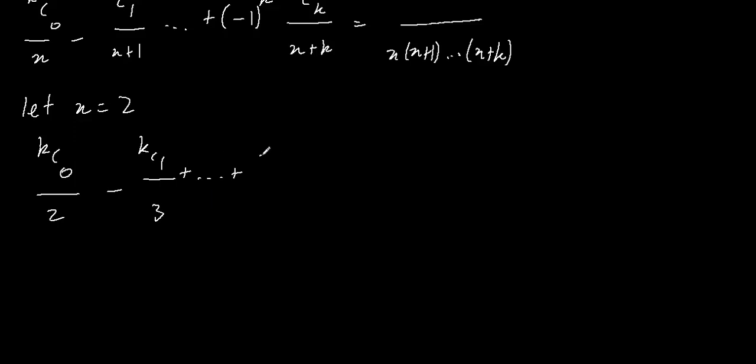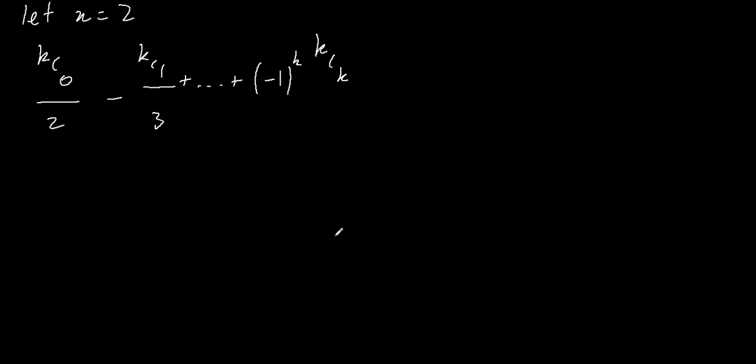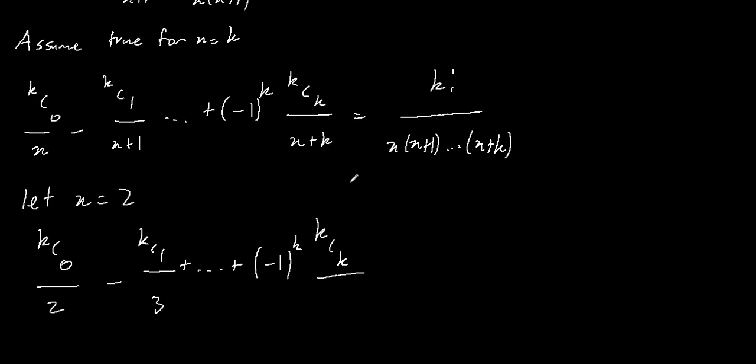Plus minus 1 to the k, the usual kCk over, I'm just going to take the denominator, it really doesn't matter here, 2 plus k, is equal to k factorial all over 2 times 3 times 4, 5, so on, all the way up to, not x, now I'm subbing x is 2, so that's 2 plus k.